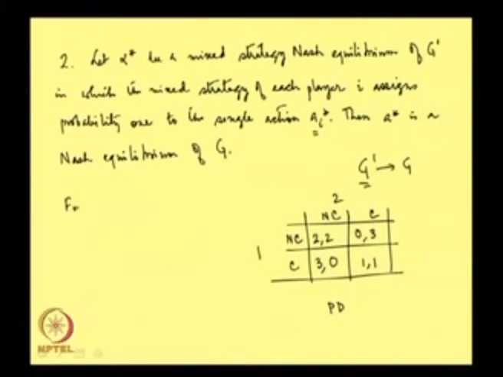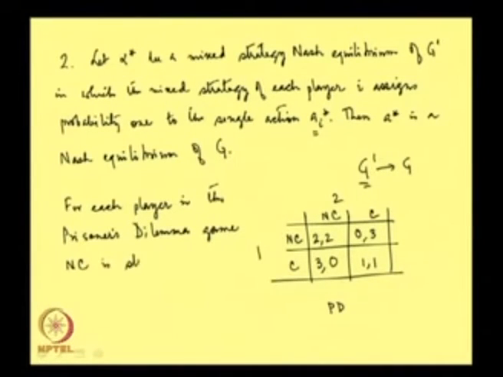So for each player in the prisoner's dilemma game, NC is strictly dominated by C. You can see this from the game itself directly.